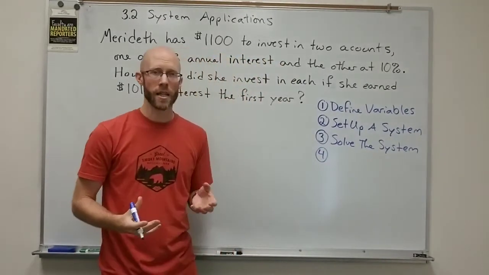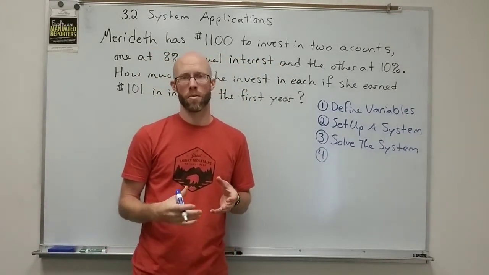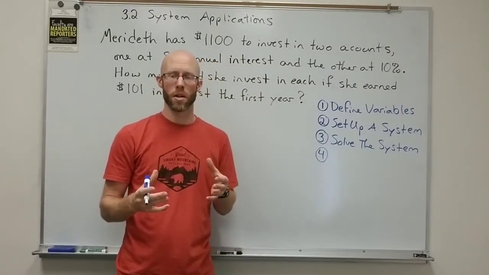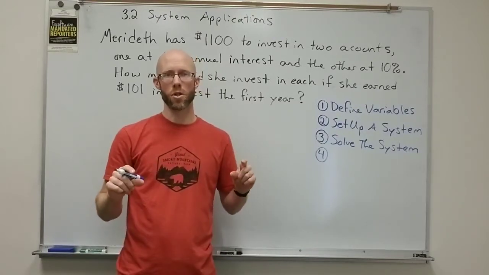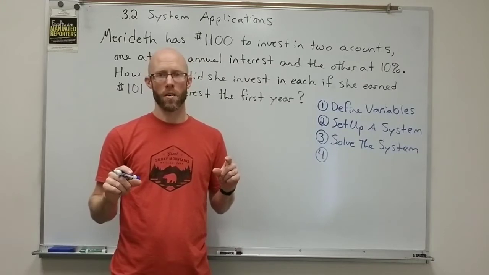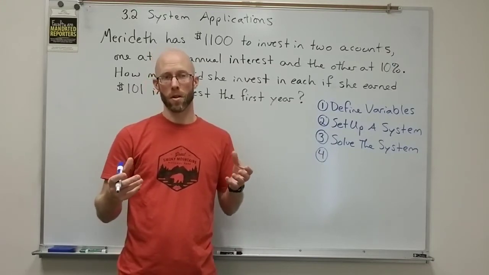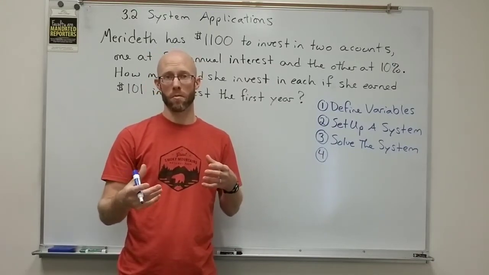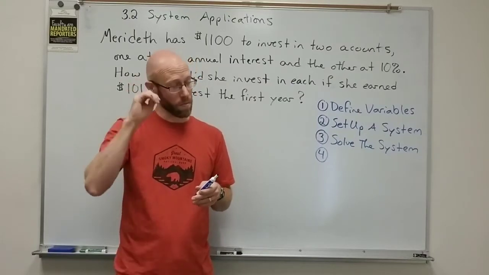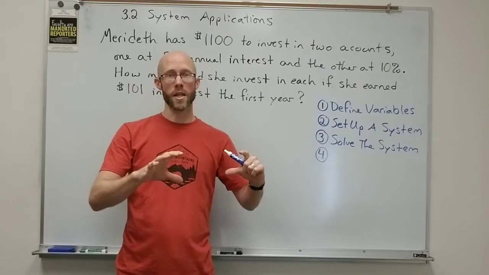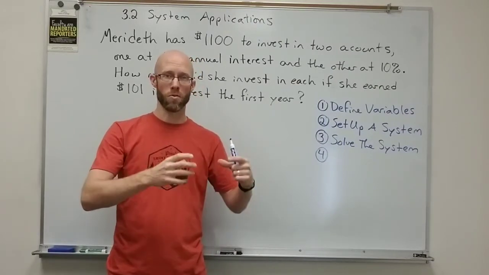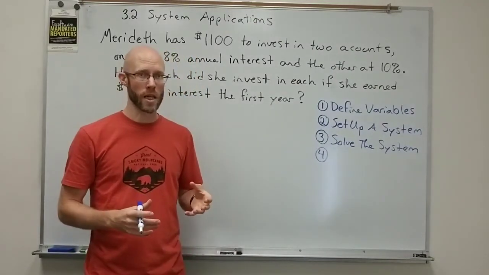And then finally, the fourth part of this that you must really make sure that you include is a final statement of the solution to the problem. Typically I'm going to ask you to put that in a complete sentence, because I want to see that you really have an understanding of what you just did in the problem, what you were looking for, what you found, and how it all relates.